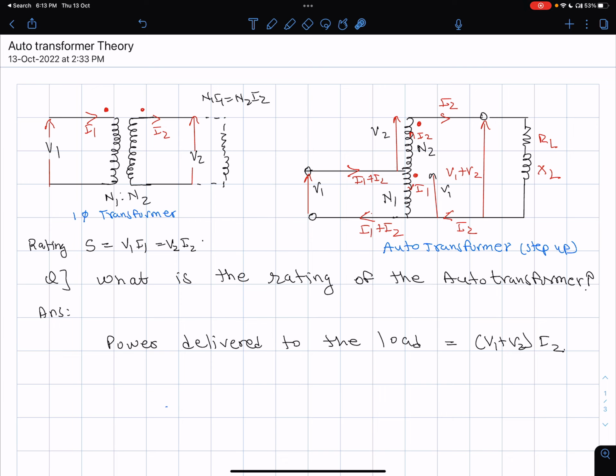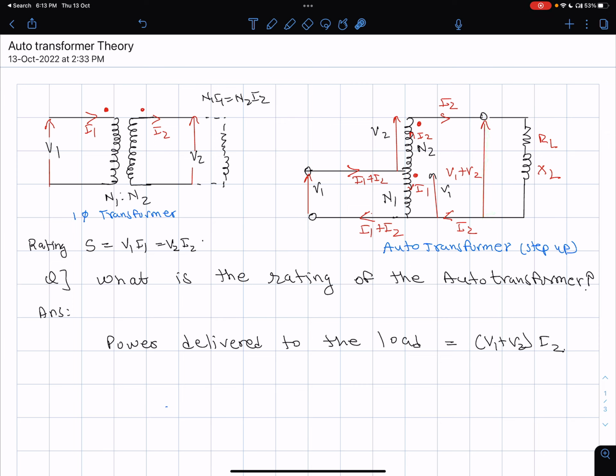The reason why we do such a thing is that we want to increase the rating of our net device. You will see that as I go forward. So the load is now connected to a voltage of V1 plus V2.